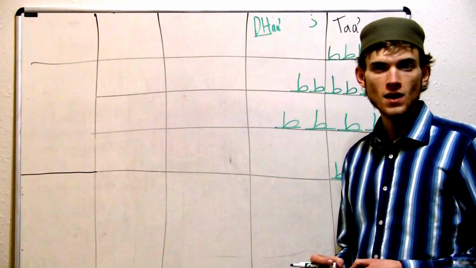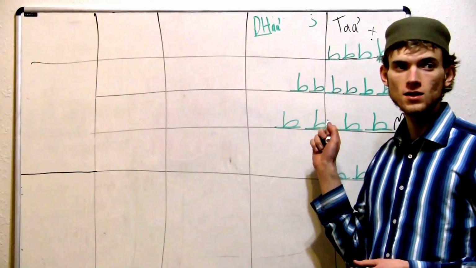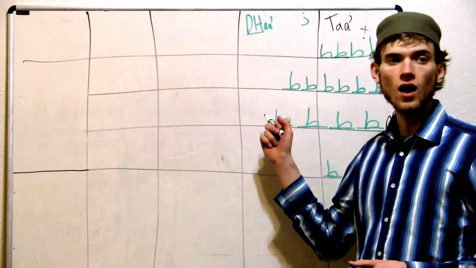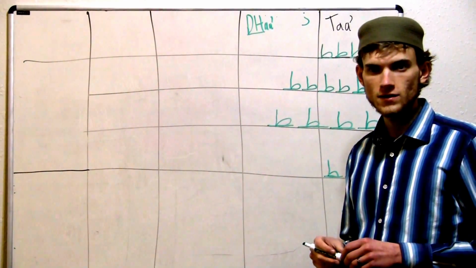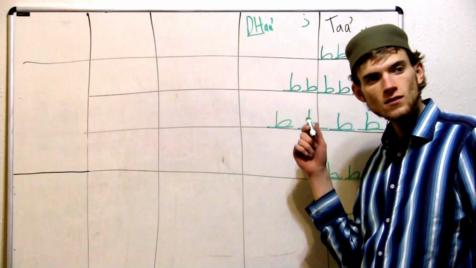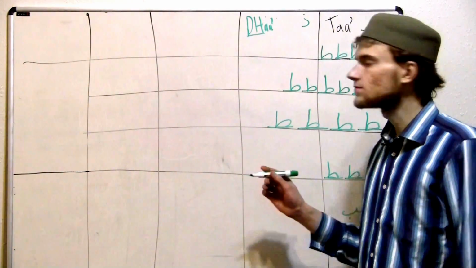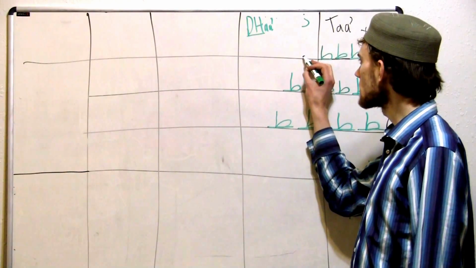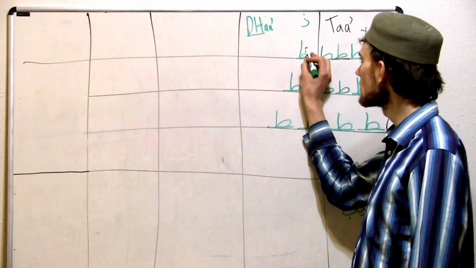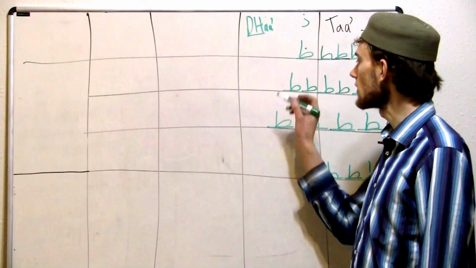Allah. Right. Okay. Now this is just a ta with a dot on the top. A dot above the loop. So we have that loop here. Vertical line down with a dot on it, sorry.